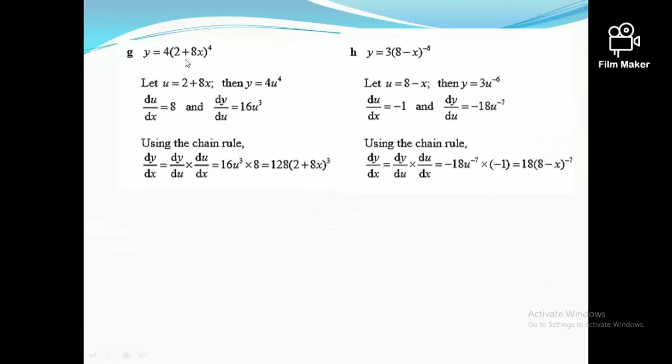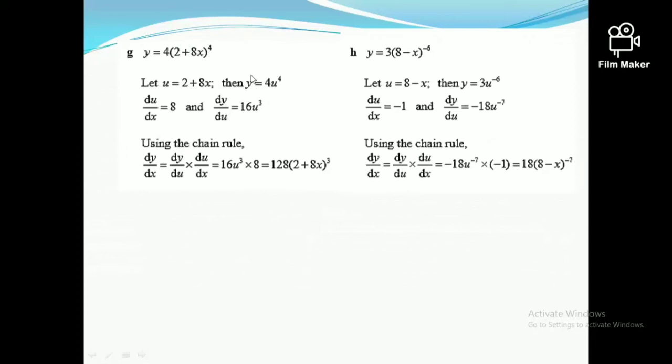Then if you come up with this question, y equals 4 times (2 plus 8x) to the power 4. Initially, we will take 2 plus 8x as u. Then du by dx would be 8. Then this term turns into y equals 4u to the power 4. Then you can get dy by du.